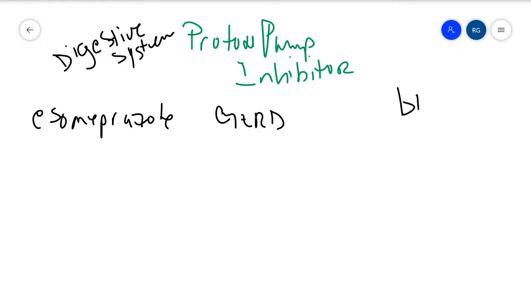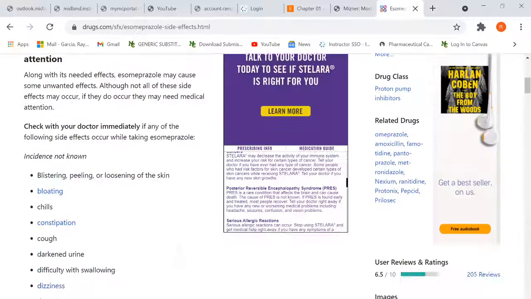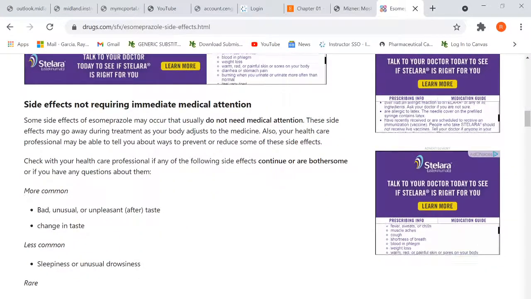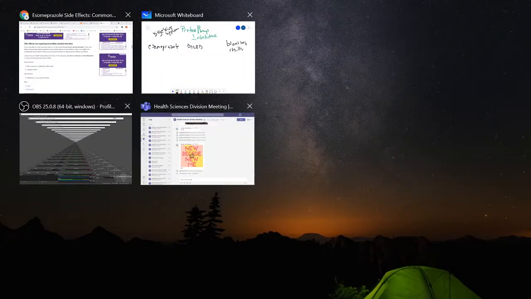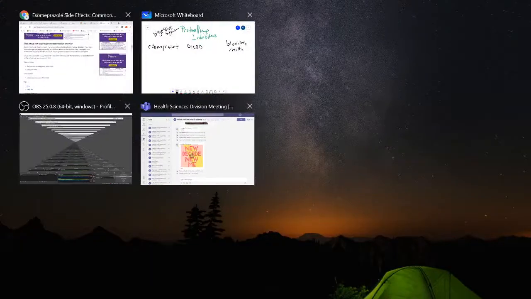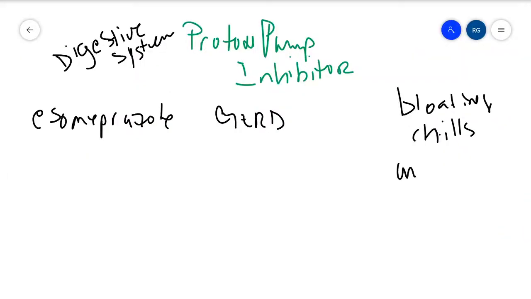Let's do bloating, chills, and unpleasant taste and change in taste.